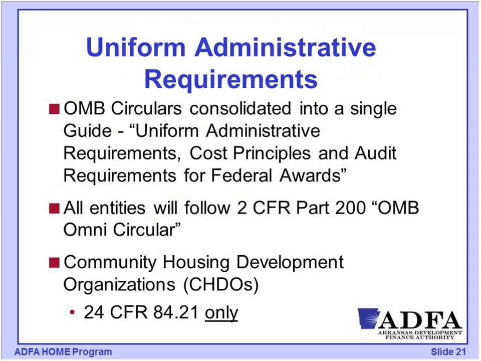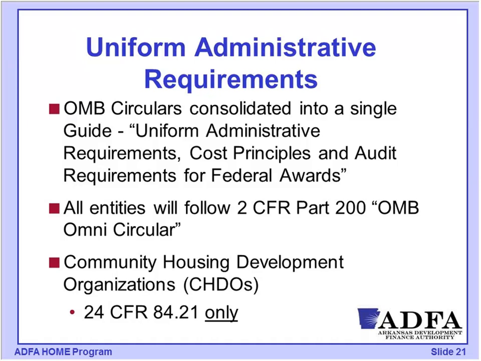So switching gears a little bit, and this is kind of an overlay. We have the HOME regulations we've been talking about, maximum subsidy limits and some of these requirements, but we also have the federal Uniform Administrative Requirements. The Office of Management and Budget has created circulars that have now been consolidated into a single guide, referenced as the Uniform Administrative Requirements, Cost Principles, and Audit Requirements for Federal Awards.